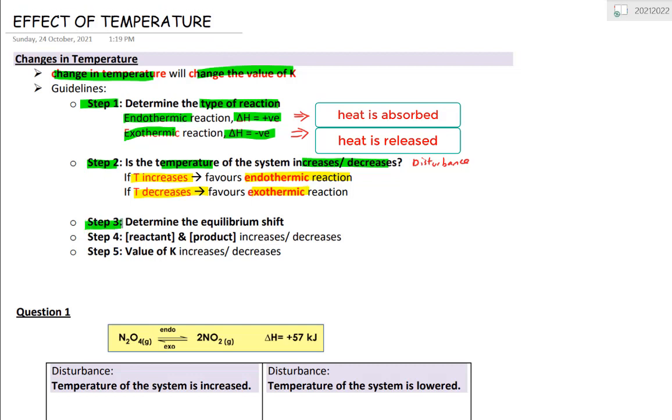Next, we have step 3. Determine the equilibrium shift. Is it to the left, to the right, or no change? Step 4. What happens to the concentrations of reactants or products? This is after the equilibrium shift, the result of the shift.